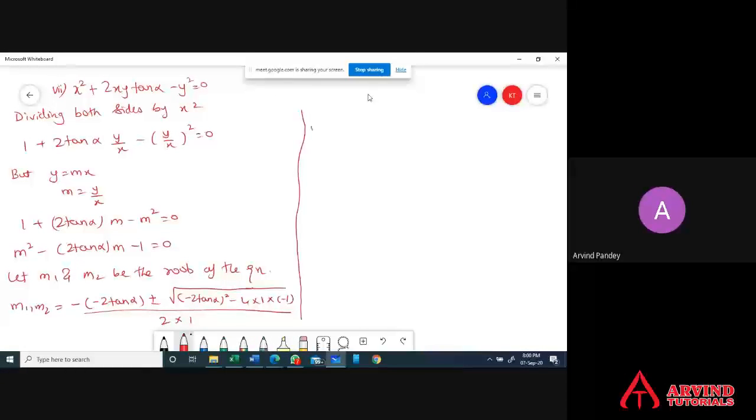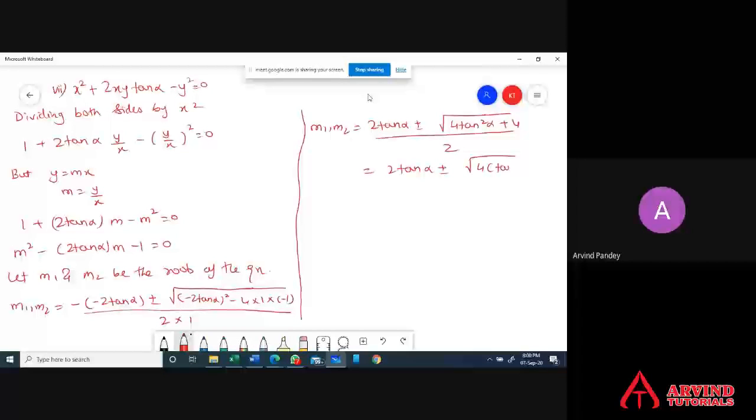So your M1, M2 would be 2 tan alpha plus minus root of 4 tan square alpha plus 4 upon 2. So it is 2 tan alpha plus minus, take this 4 common, tan square alpha plus 1 upon 2.